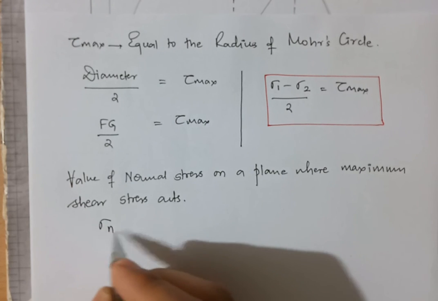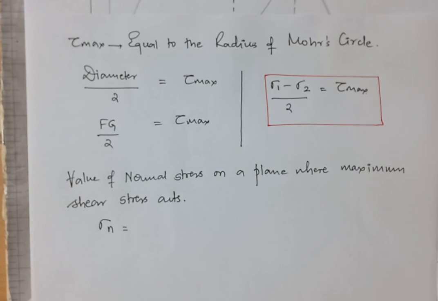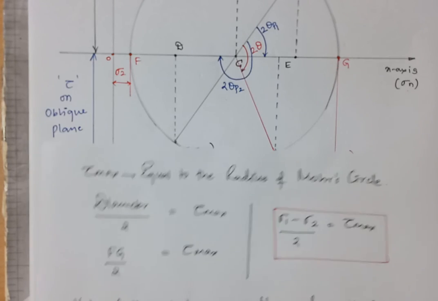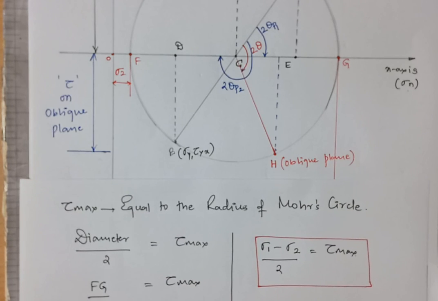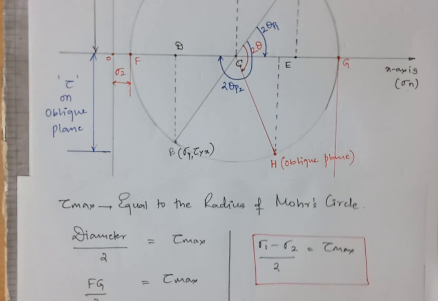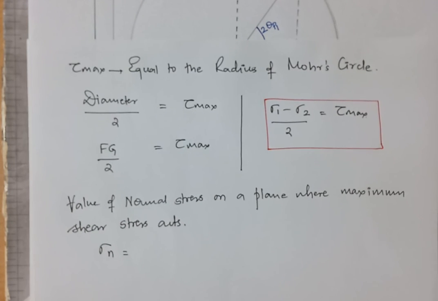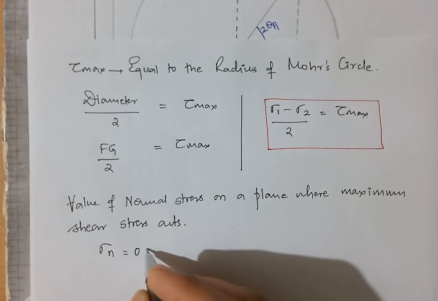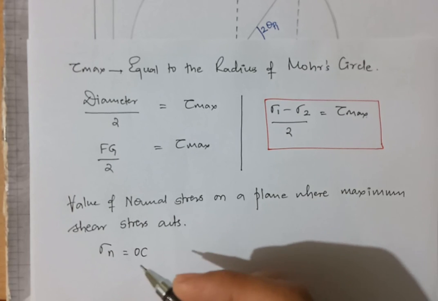So sigma n is equal to, so I'll just show you what sigma n is. I told you it is points O and C. So that distance gives me the normal stress on the plane of maximum shear stress. So I'll just write it as OC. Right?